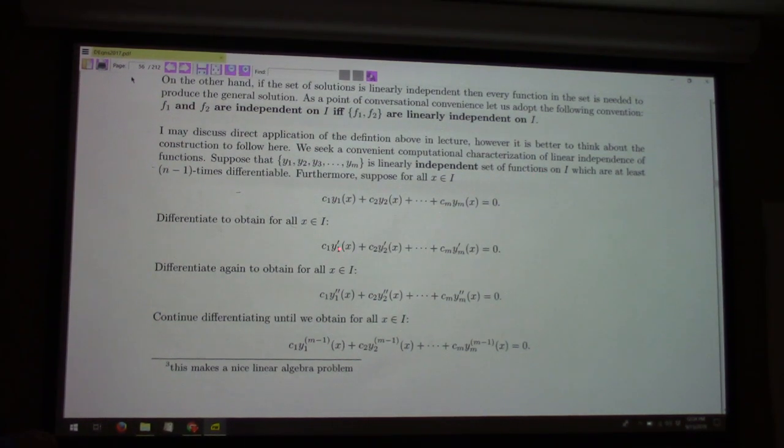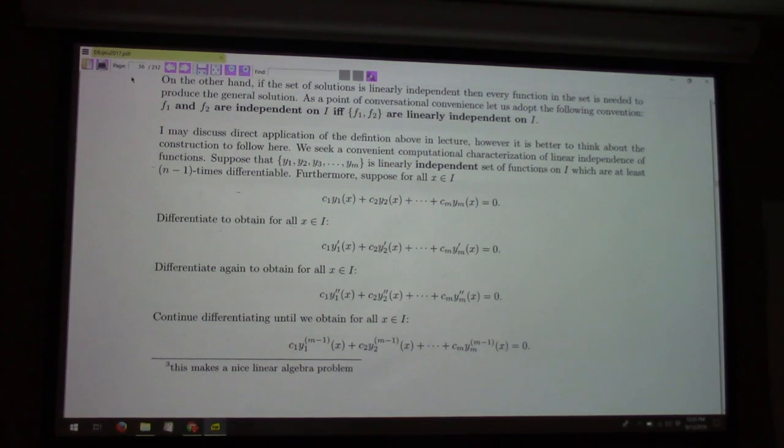Differentiate this equation, you get that equation. And that's true for all x. But if we can differentiate it once, we can differentiate it twice. And we can keep differentiating. And so we get not just one equation, we get a bunch of equations involving the functions and their first and second and so forth derivatives, eventually the m-1th derivative. Put these all together, we have m equations and m unknowns, C1 through Cm.